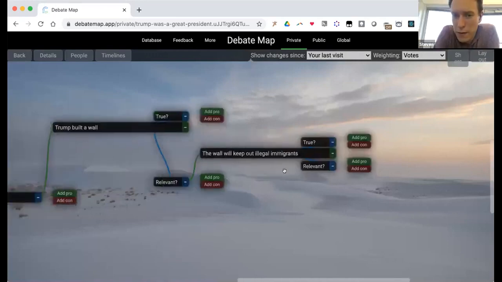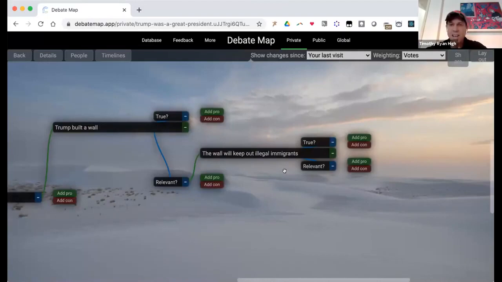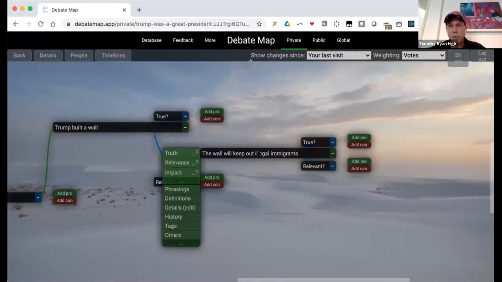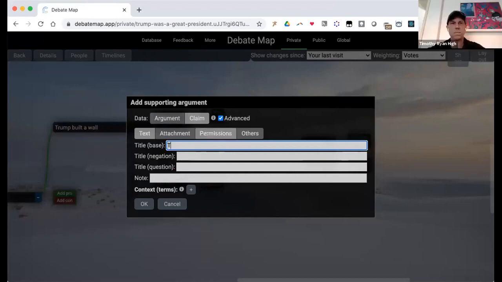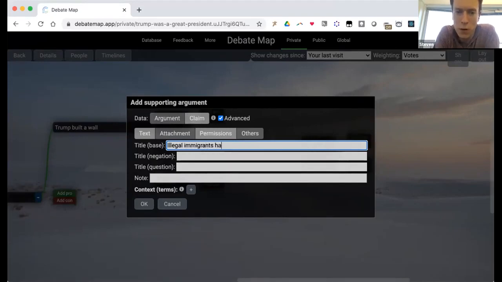What are you trying to add? I guess I'm supporting why it matters that the wall will keep out illegal immigrants. That's relevance, because it relies on the context of "Trump built a wall." Right. So if you add a supporting, it would be irrelevant. It would get curated out as this has nothing to do with the wall.